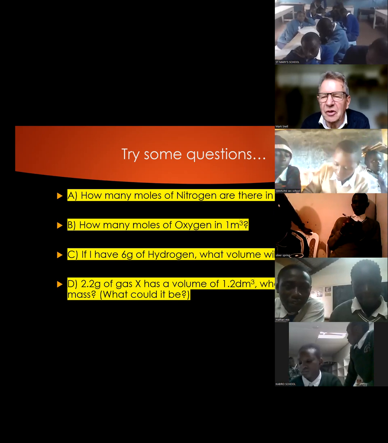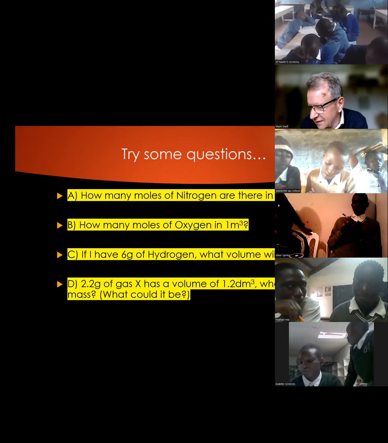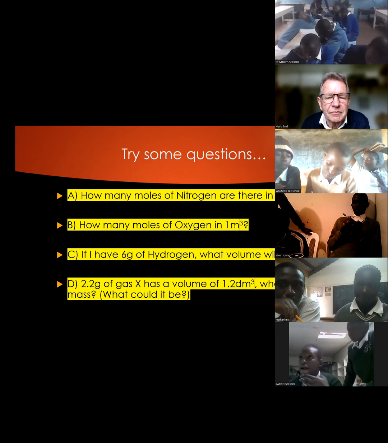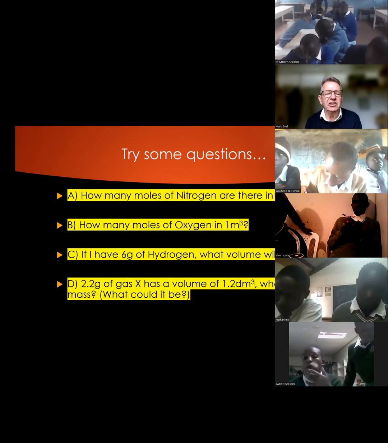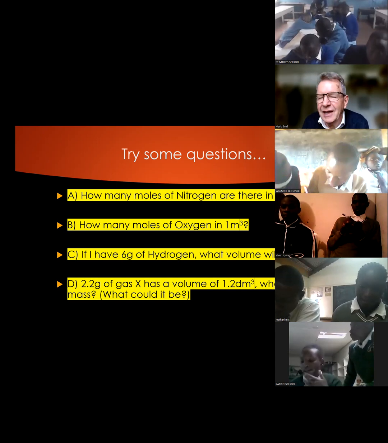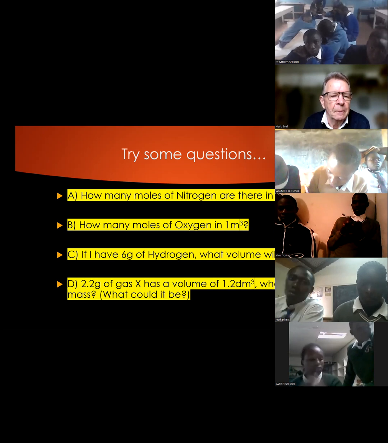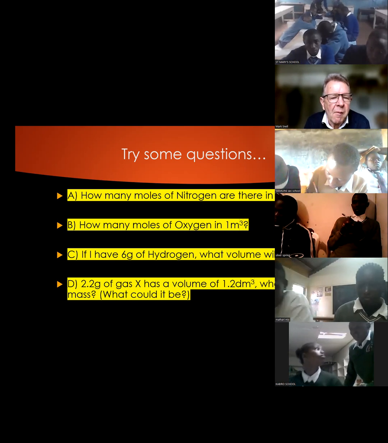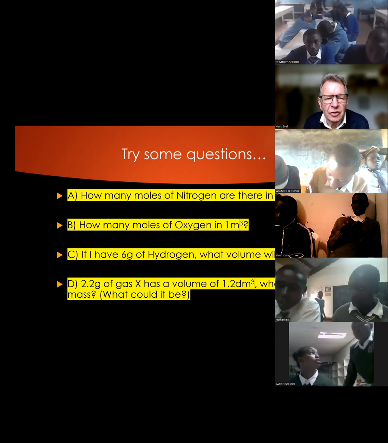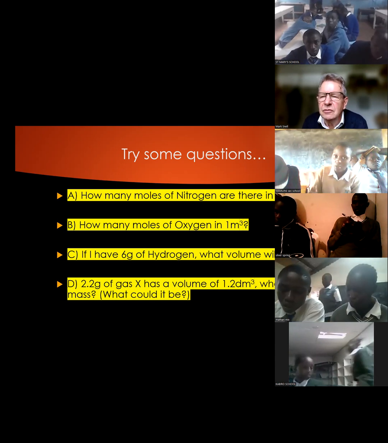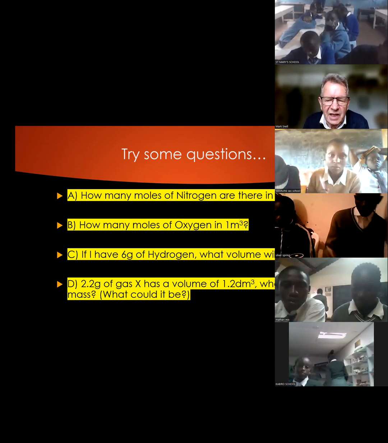See if you can do number 2. Number 2 means that you have to use the first triangle and then the third triangle. You can do this, Silver Spring. You can do this. Come on, Glory.